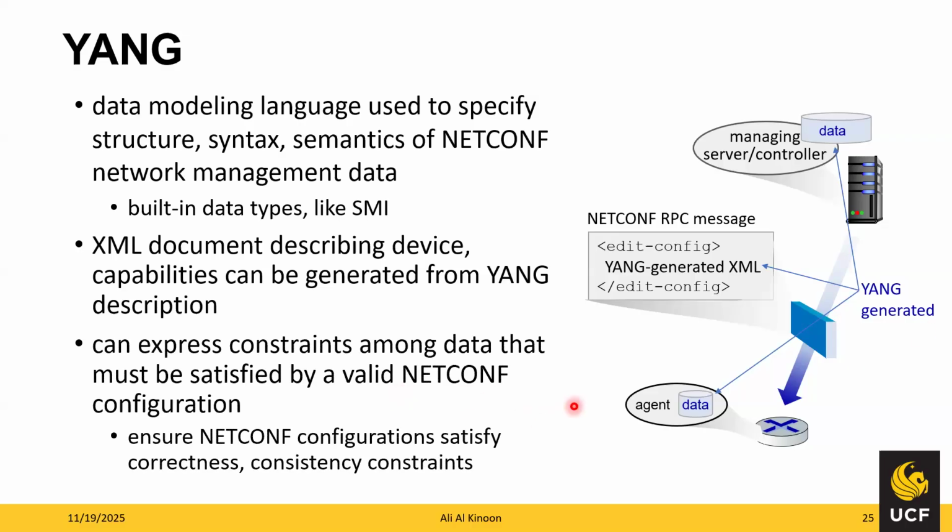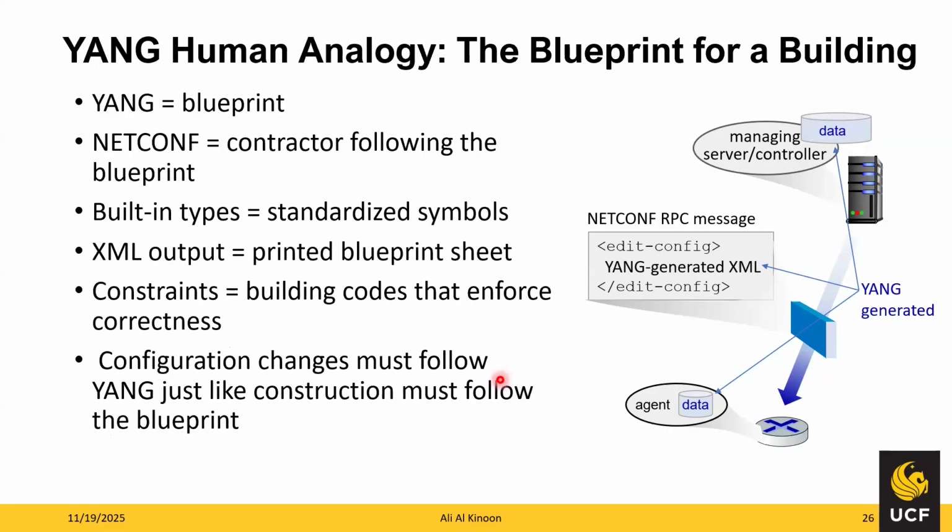Lastly, we have constraints and validations. YANG defines constraints and rules for relationships between the data fields. These constraints help ensure that NETCONF configuration is correct and consistent before it is applied. This reduces errors and prevents invalid configuration changes from reaching the device.